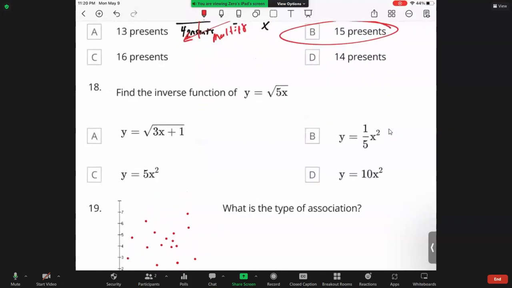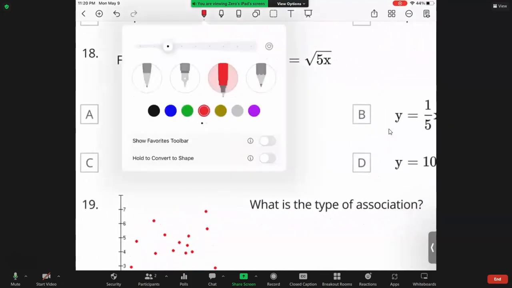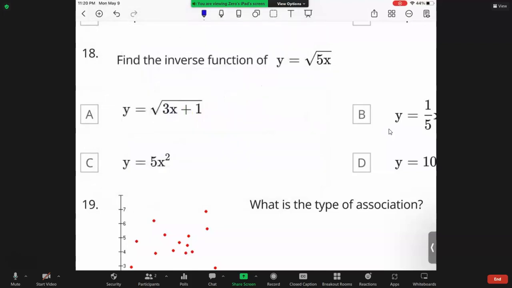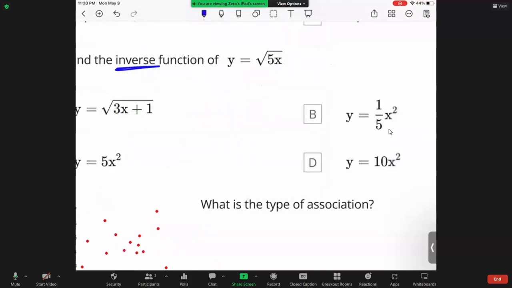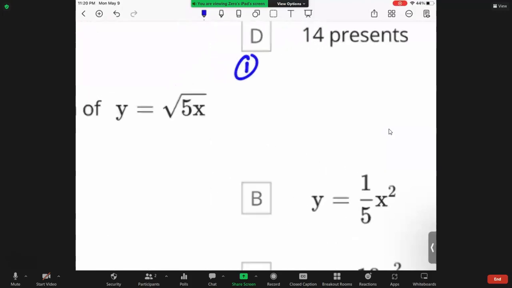Number 18 here. Find the inverse. To find the inverse, step 1 is to switch the x and y.